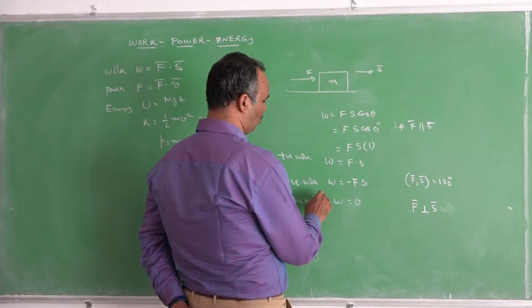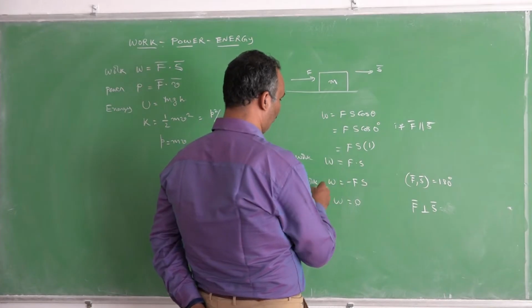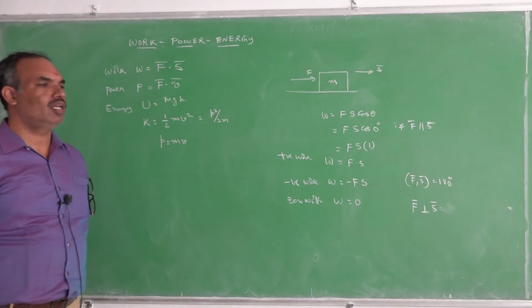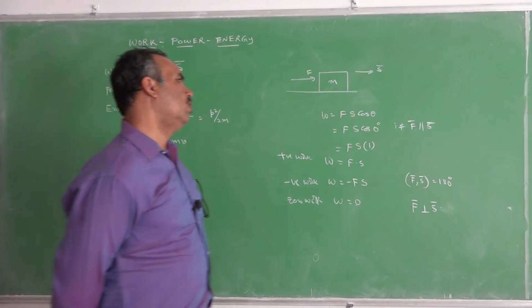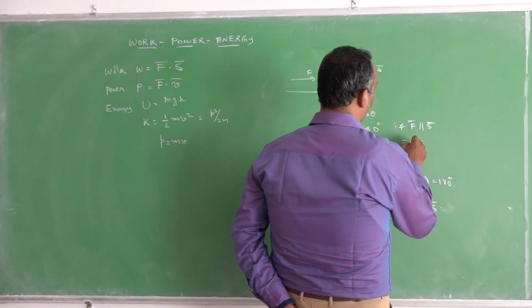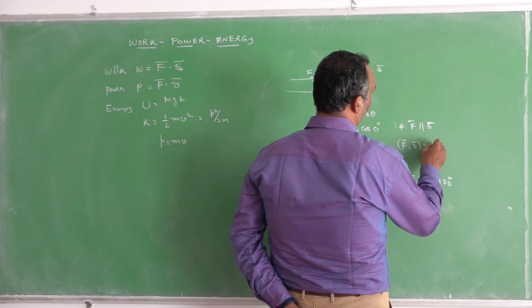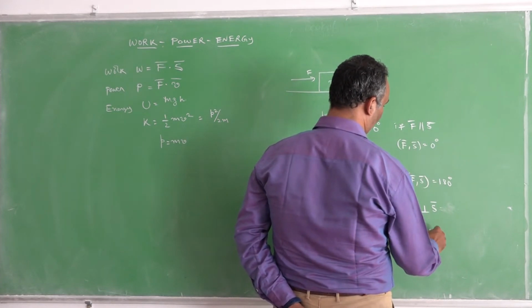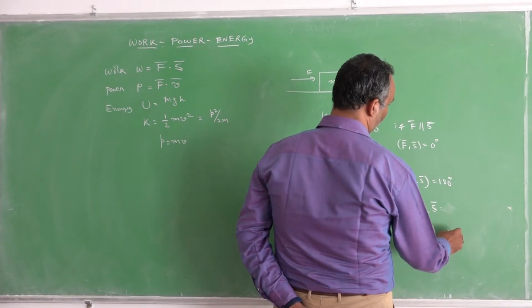We may have positive work, we may have negative work, we may have 0 work, depending on the angle between the force and displacement. Here F bar and S bar are at 0 degrees to one another. Here F bar and S bar are at 90 degrees to one another.